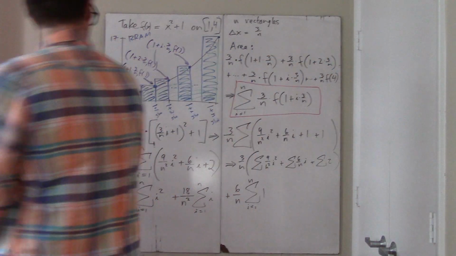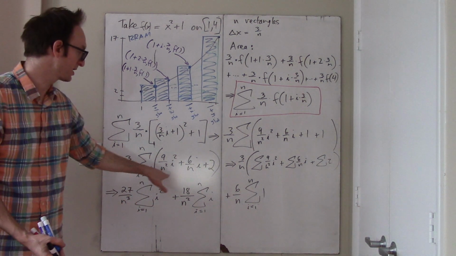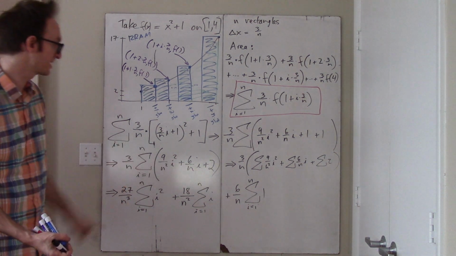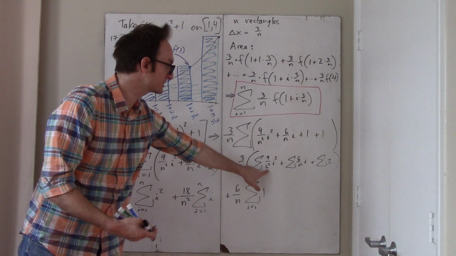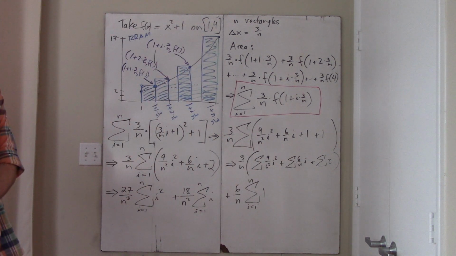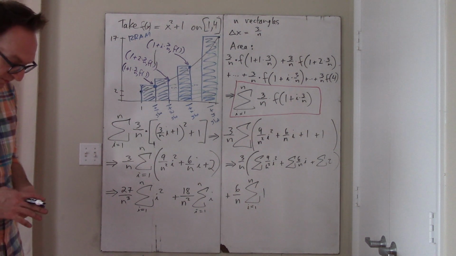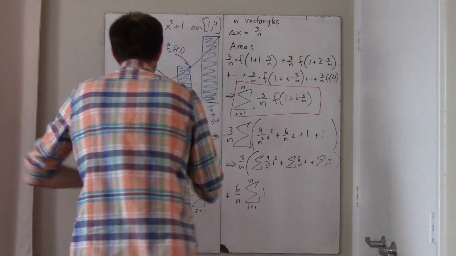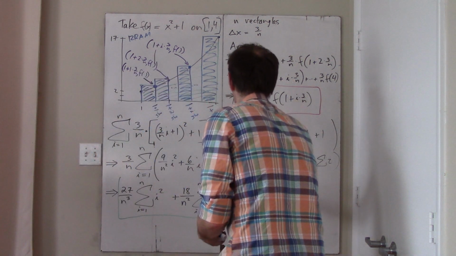Here I'm just using the property that addition is very flexible. I can add up 3 things n times, or I can add up the first thing n times, then the next thing, so I think it's pretty clear that the order in which you do it doesn't matter. And then I'm pulling out all the things that aren't i's. This is quite abstract, and what we get is this expression.